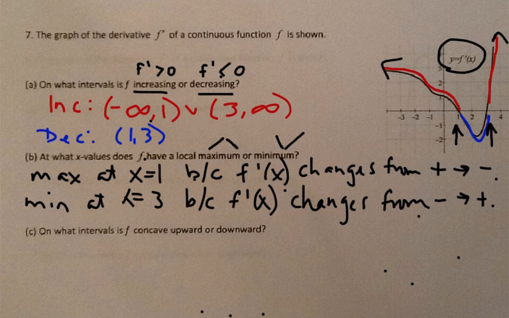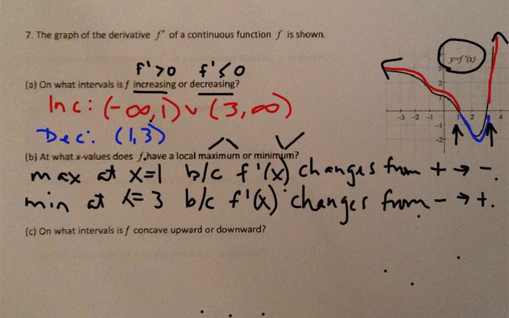Alright, C. On what intervals is f concave upward or concave downward? Okay. Concavity we tell by the second derivative. This is a graph of the first derivative. How do I get information about the second derivative by looking at the graph of the first derivative? Well, I would be looking at the derivative of this graph, which, graphically speaking, is the slope of this graph.